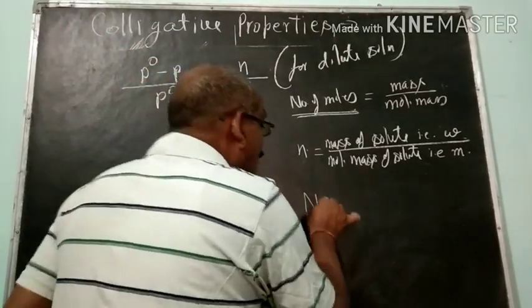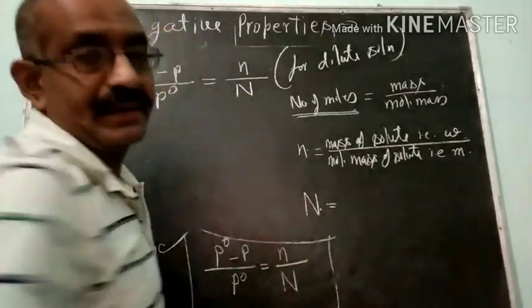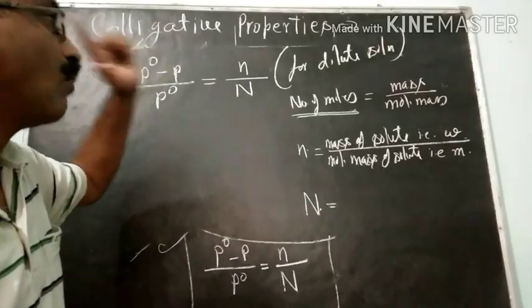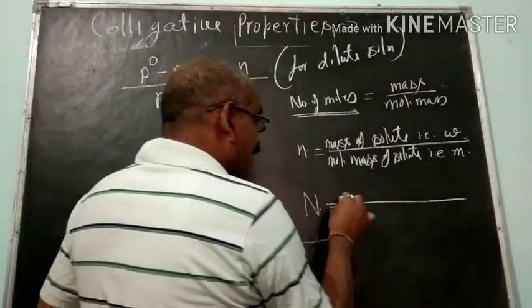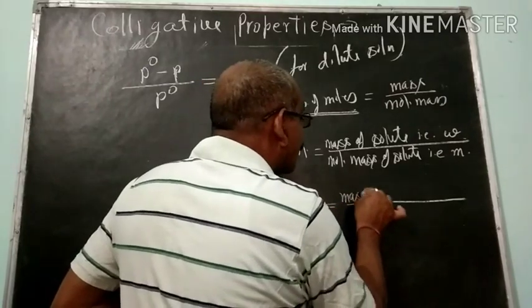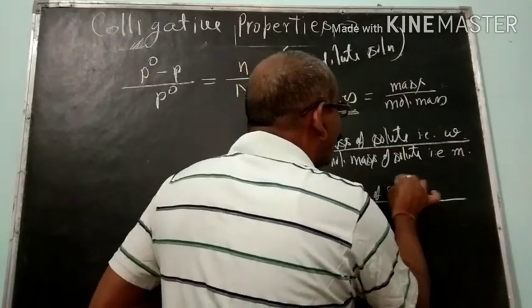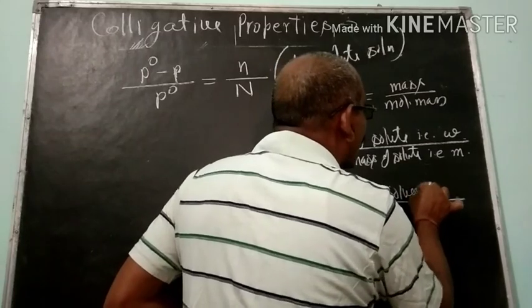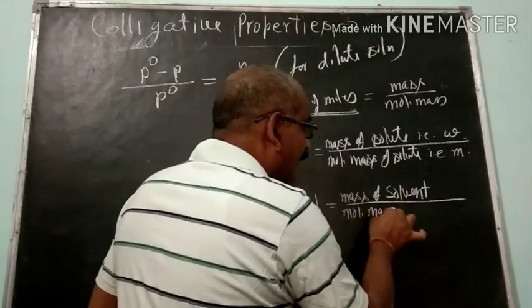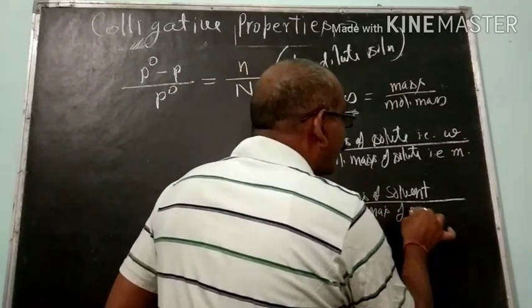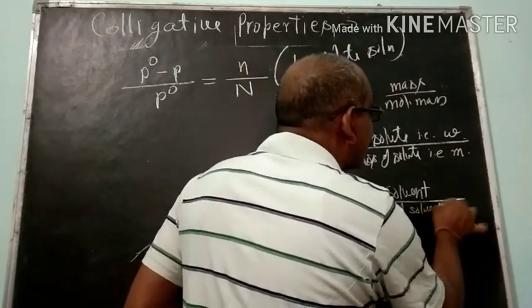Similarly, capital N denotes the number of moles of the solvent. So this can be expressed as mass of solvent over molecular mass of solvent.